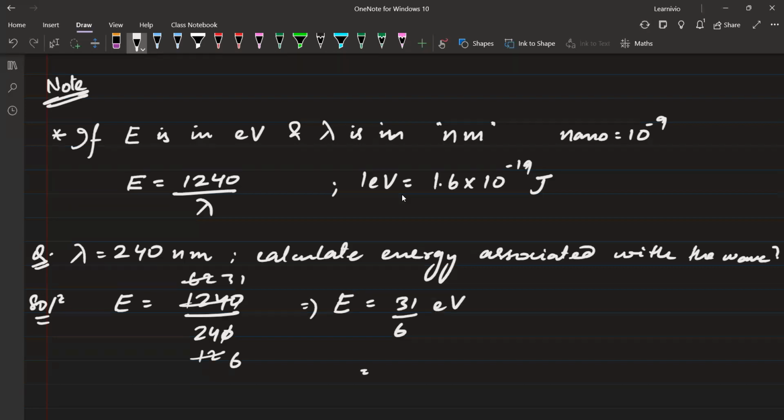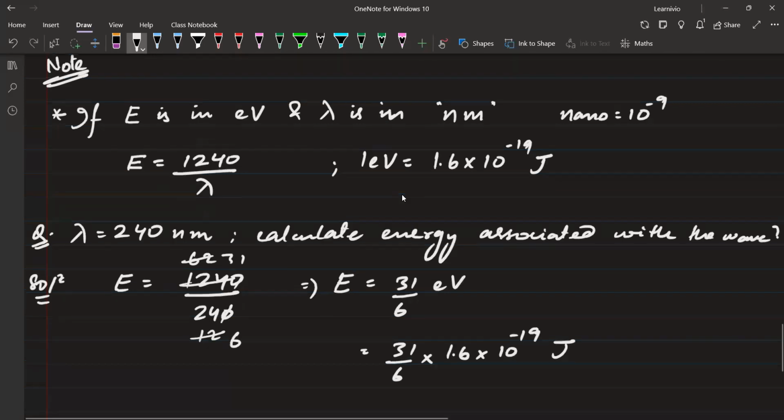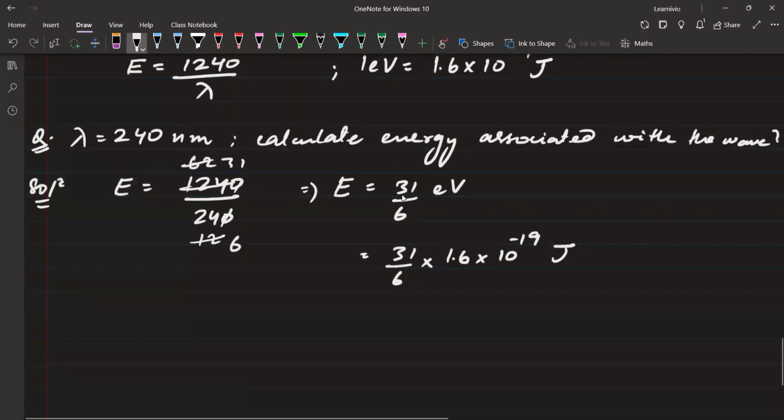इसको जूल में करना है अगर, please even if they ask in joules, then first of all calculate in electron volts, then उसके बाद आप multiply कर दीजिए यहाँ पे, तो क्या हो जाएगा, 31 upon 6 into 1.6 into 10 to the power minus 19. This will be in what? Joules. अब इसके आगे आप इसको कैलकुलेट कर सकते हैं.